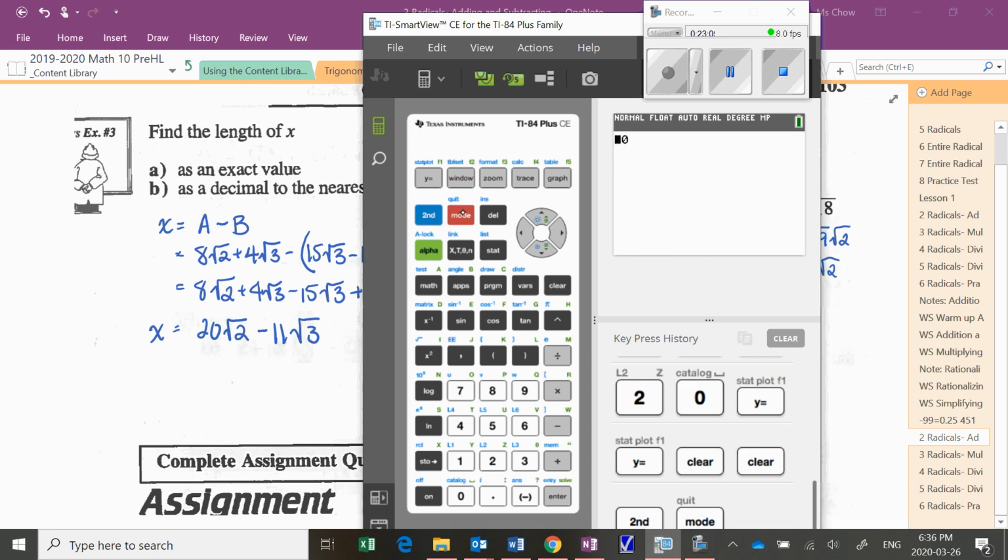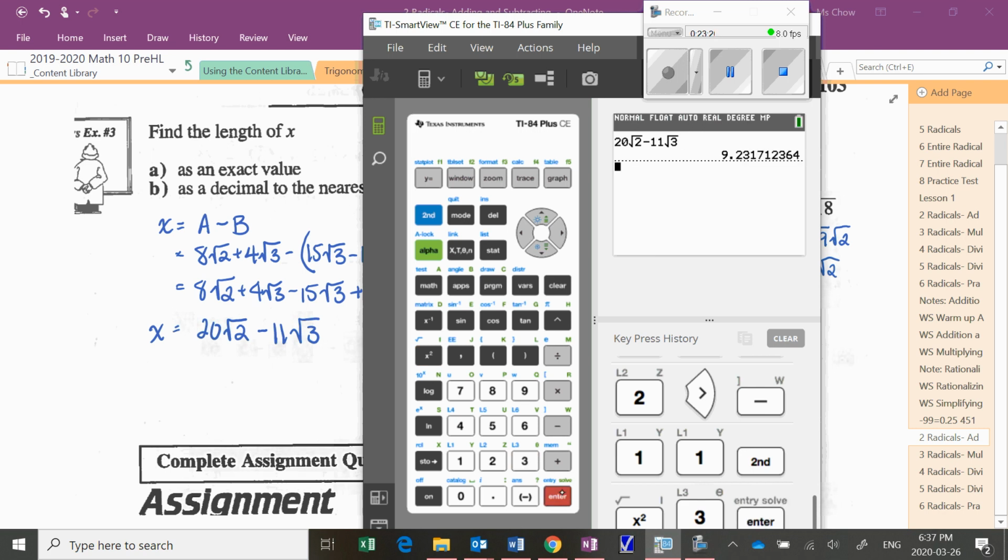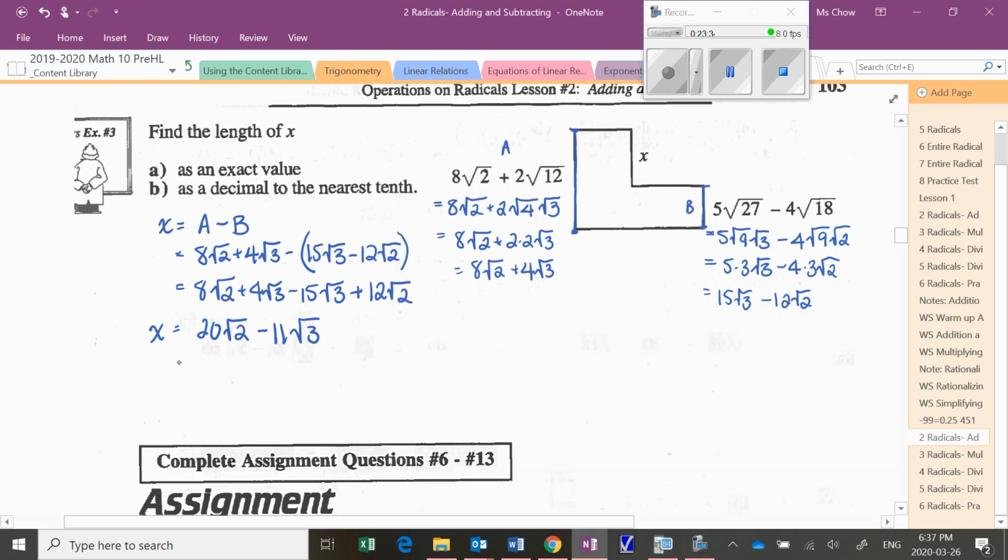So again, we've got 20 and root 2, and I just need to arrow over to get out of that radical, minus 11, and then square root 3. And so we can hit enter, and there's our decimal approximation for that, which rounded to the nearest tenth is about 9.2 units then.